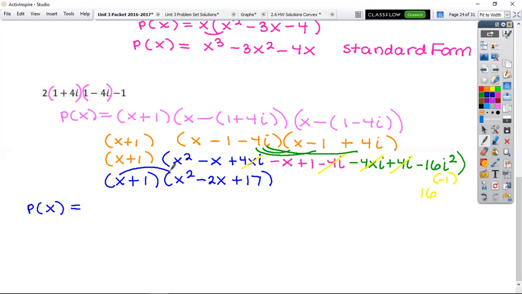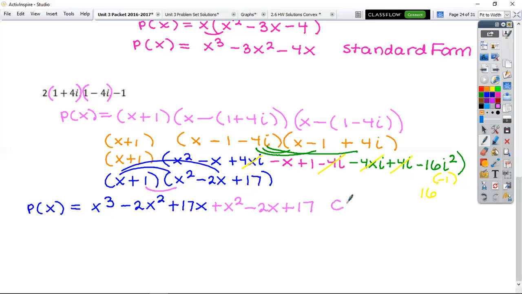So I go x times x squared is x cubed. X times -2x is -2x squared. And then plus 17x. And then lastly, I take the 1 to everything. So 1 times x squared is x squared. Minus the 2x plus the 17.